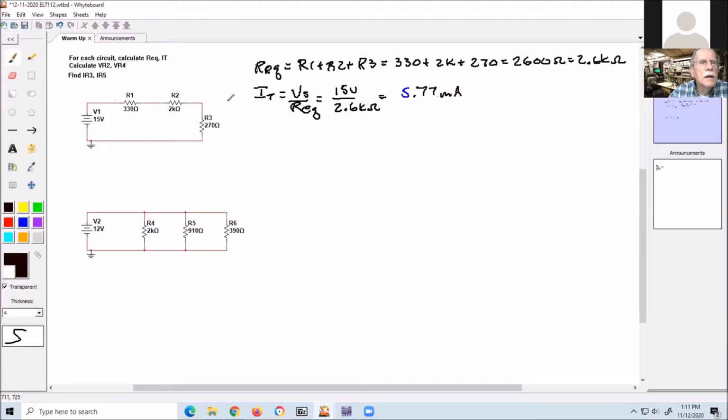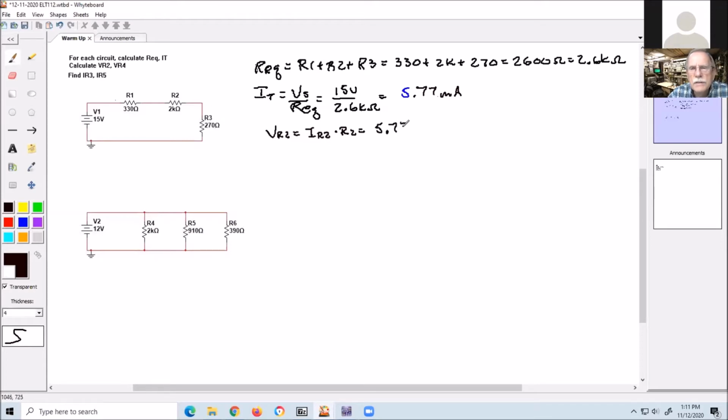And then later on, we were asked to find V sub R2, which is going to be I sub R2 times R2. The current through R2 is the current in the series circuit. Because it's a series circuit, the current's all the same.